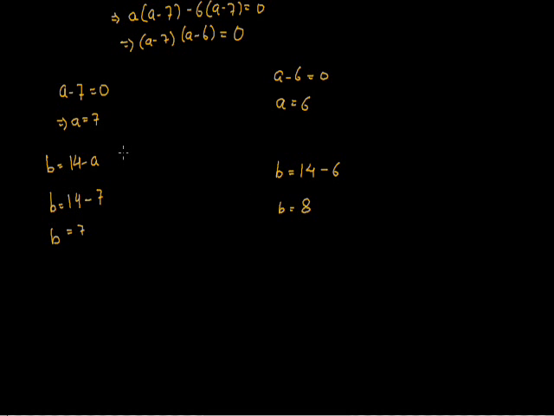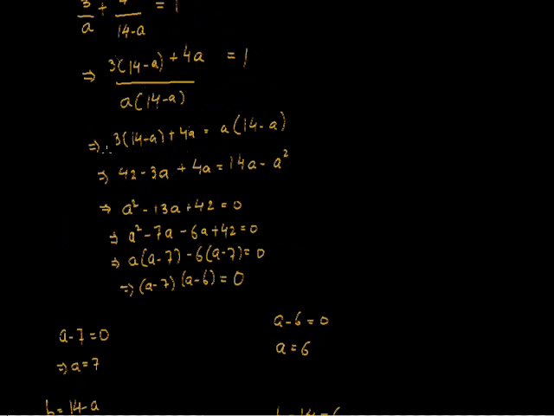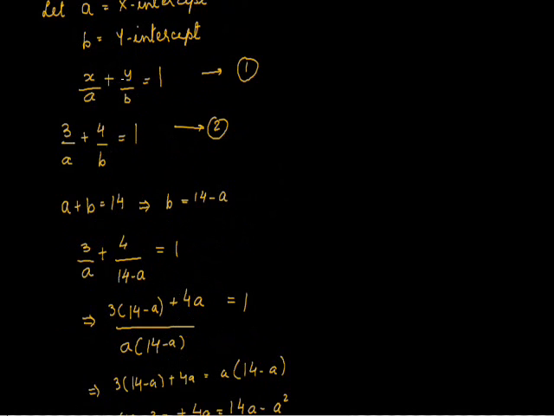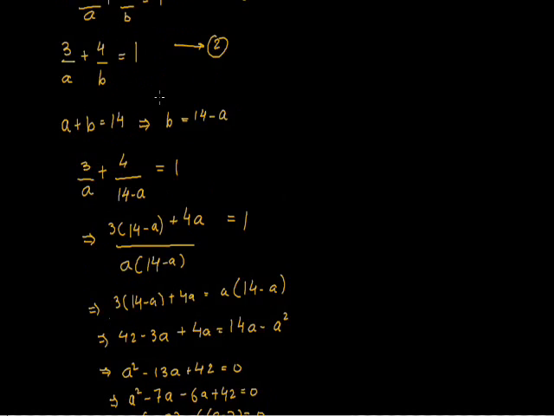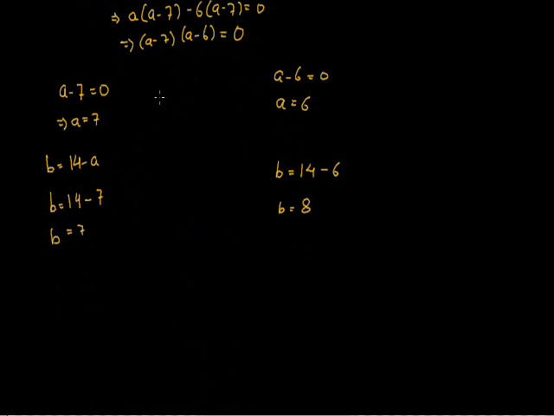So substituting these two values in our equation number 1, that is x upon A plus y upon B equal to 1, I'll get two different equations of the line. One would be x upon A, over here A is 7, so x by 7, plus y upon B, B is also 7, so I'll put B also 7, is equal to 1. Hence, taking LCM, I'll get x plus y is equal to 7.